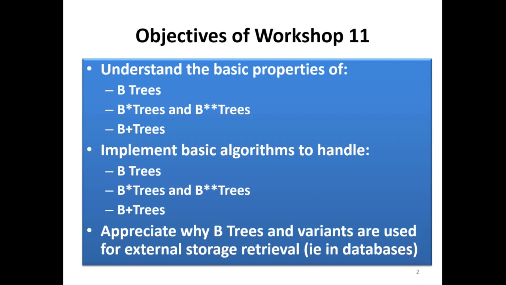We'll also talk about how we can insert or delete an item in these two trees. Apart from that, we'll talk about why B trees are used for external storage retrieval, especially in a database.